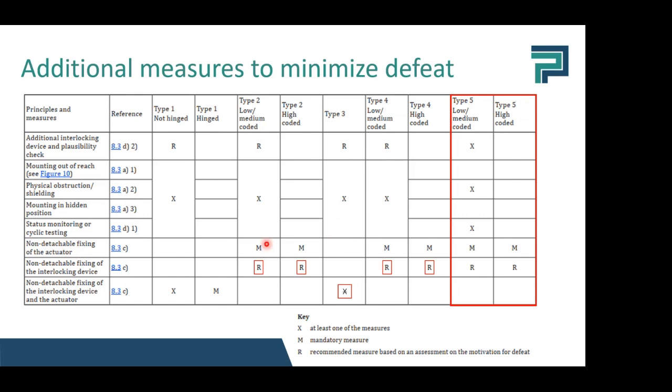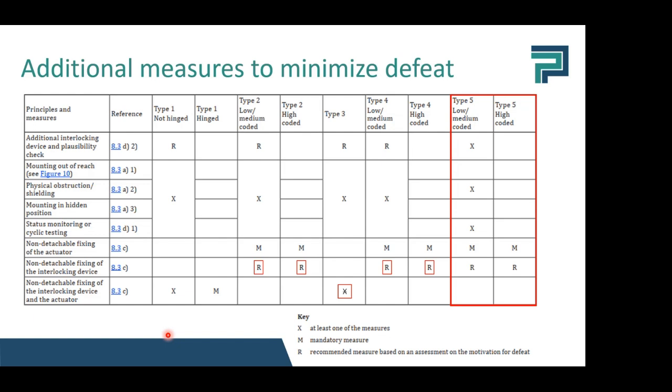For example, mounting out of reach can be done. But now it's no longer a possibility to be compliant with the standard when using non-detachable fixing of interlocking device of the actuator as the only possibility of the X marked space. So these additional measures have to be regarded after choosing your type of interlocking device.